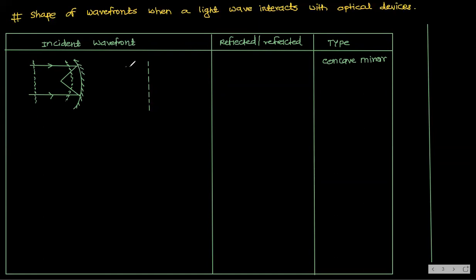Okay, you can see here. And now reflected, because in the mirror it is getting reflected only. This is reflected light. So this is incident wavefront, and how will be the reflected or refracted? Here it is not refracted, only reflected. So you can see it is something like this. Yes or no? Understood?